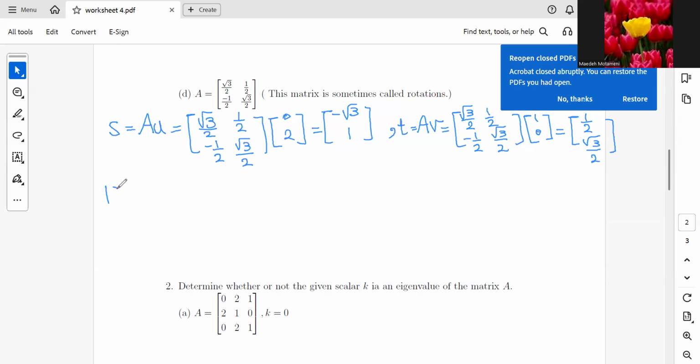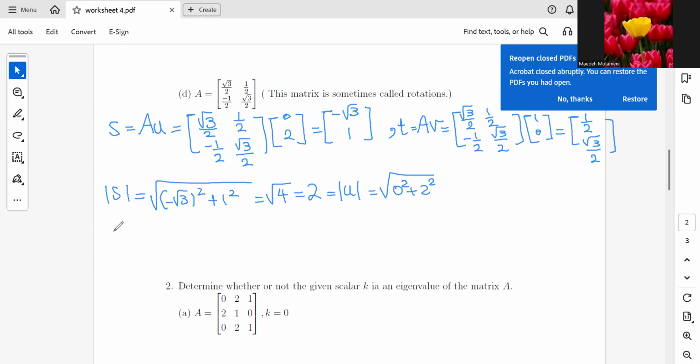The length of s, or A times u, will be square root of negative square root of 3 squared plus 1 squared. That would be square root of 4, so it will be 2, which is the same as the length of u, because that was square root of 0 squared plus 2 squared, which is the same as square root of 4, which is 2.